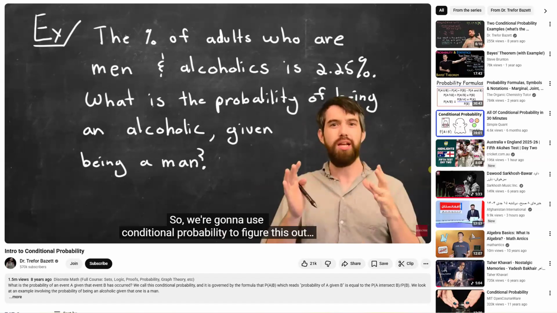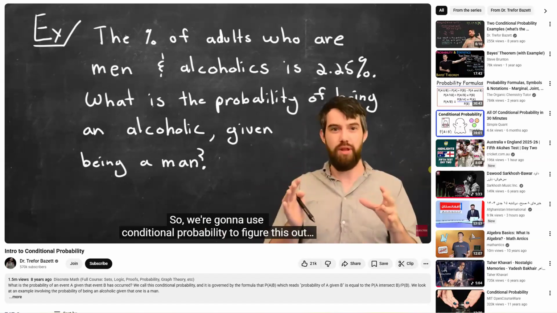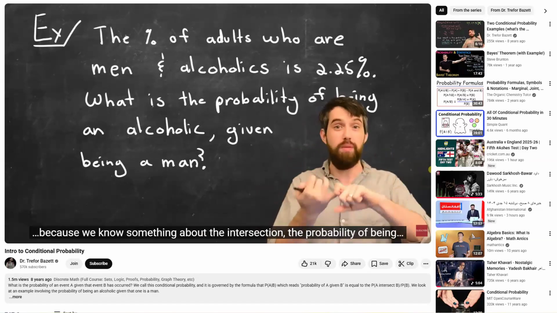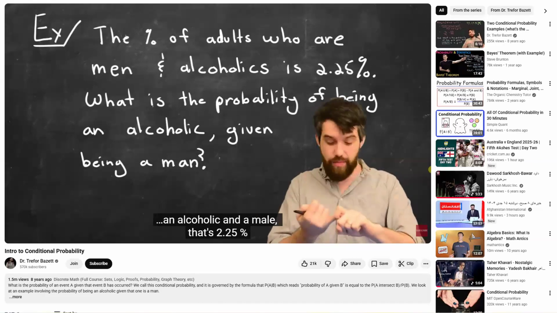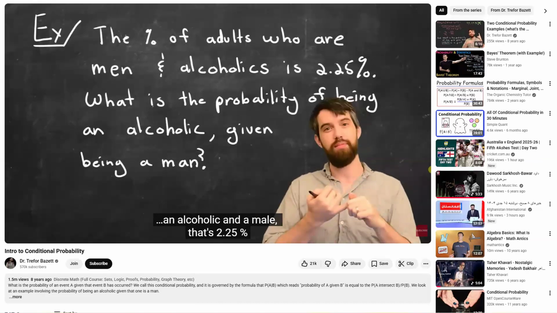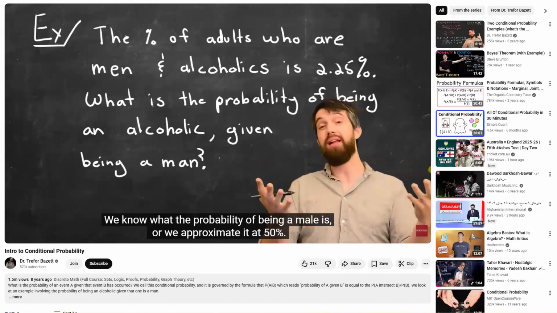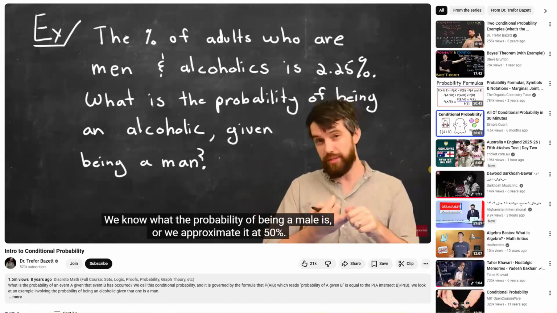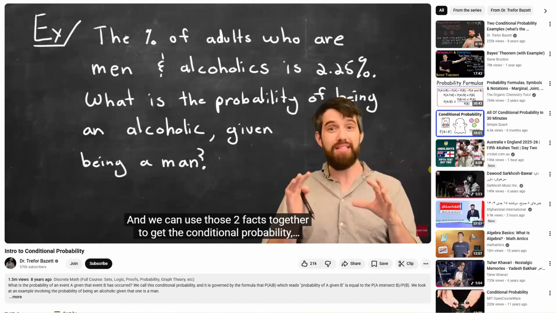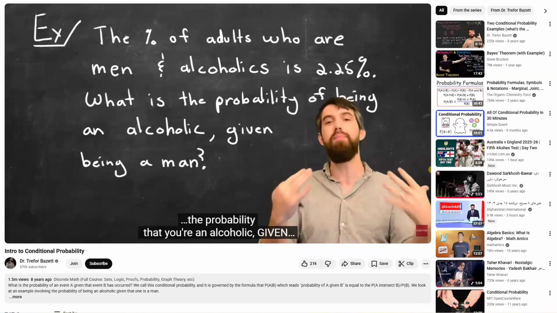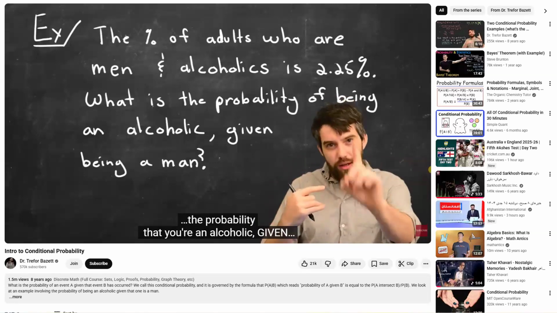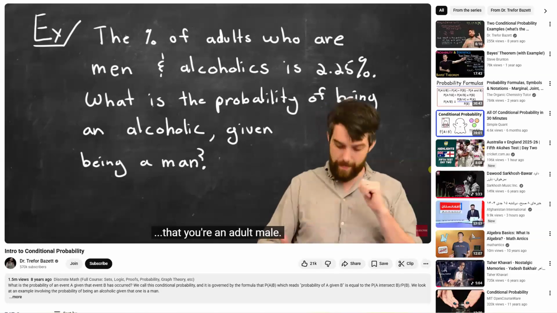So we're going to use conditional probability to figure this out, because we know the probability of being an alcoholic and a male is 2.25%. We know the probability of being a male is approximately 50%. We can use those two facts together to get the conditional probability, the probability that you're an alcoholic given that you're an adult male.